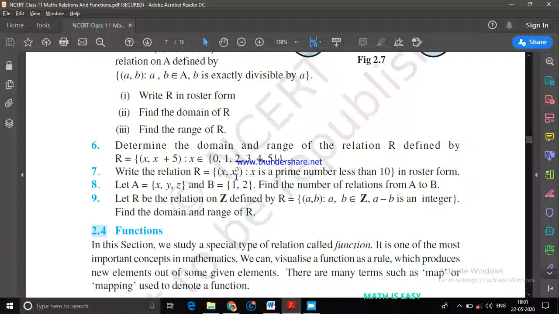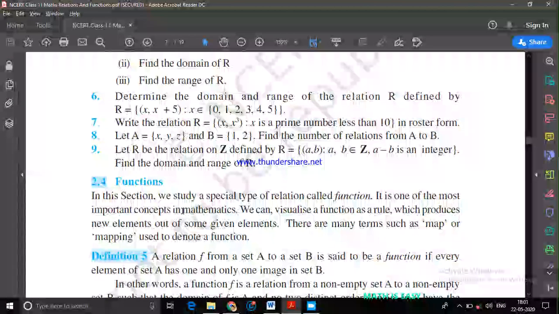Then 7 comma 7 cube, 7 cube is 343, so 7 comma 343. Any other prime number less than 10? No, only 2, 3, 5, 7. So 2 comma 8, 3 comma 27, 5 comma 125, and 7 comma 343 are the elements of the relation. Like that, try to solve this question.